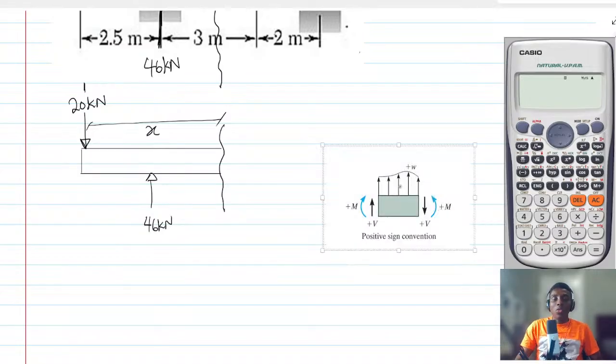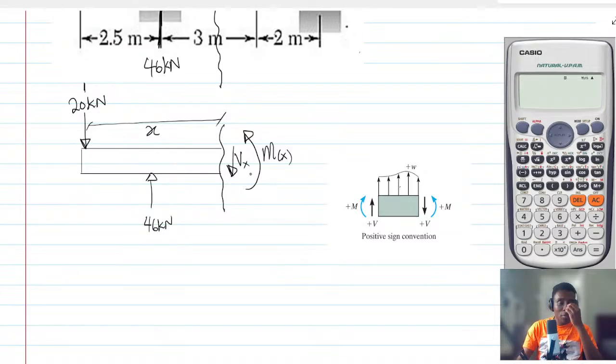Okay, so which means that shear force will come down like this as Vx, and then moment will go that way. Okay, so this is shear force, this is moment. Okay, now let's sum forces again.